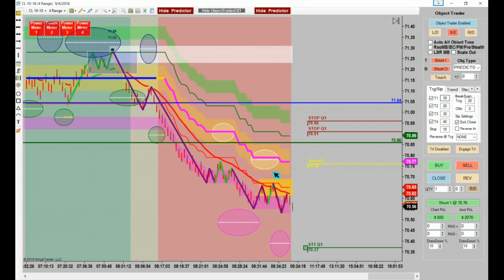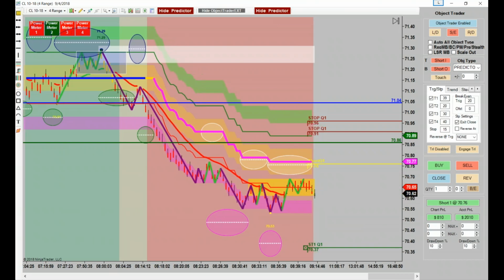Now, it hasn't yet. See, there's another predictor drawing right there. Is it going to get it? It won't if it goes out of time. That was right after the open. There's another predictor.